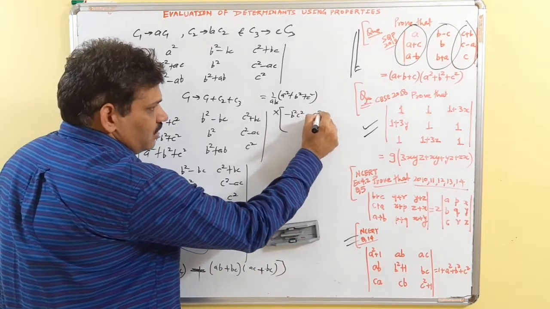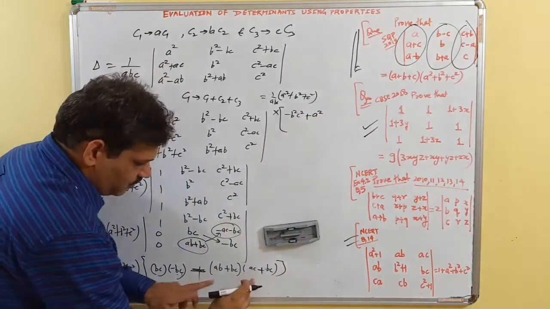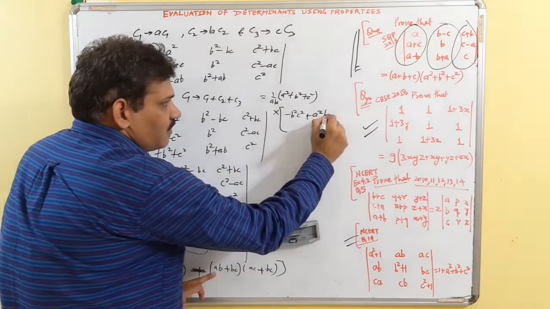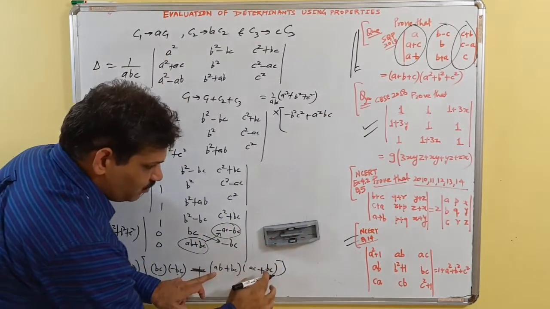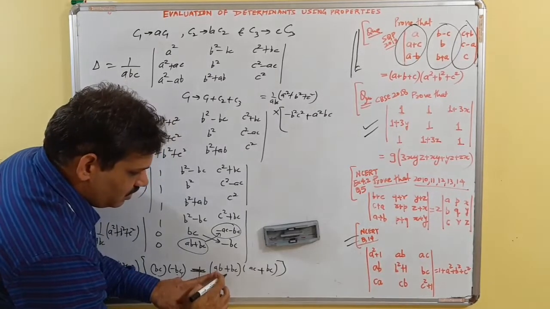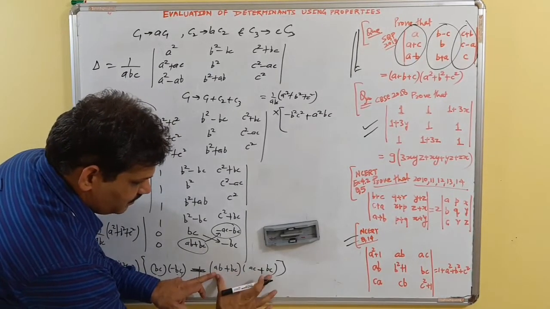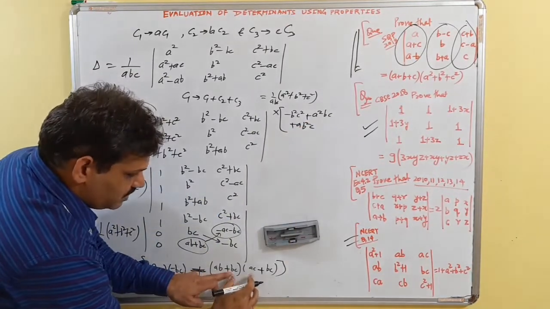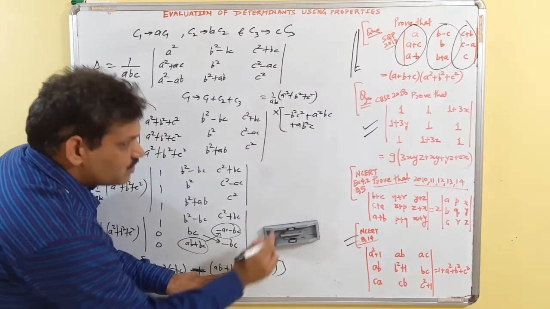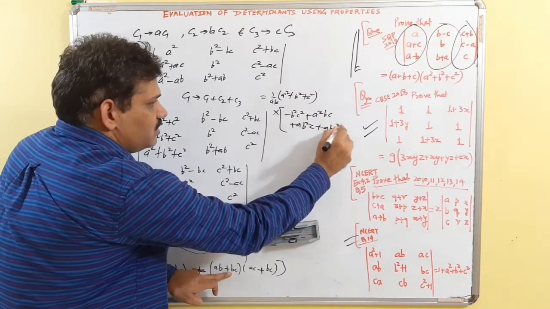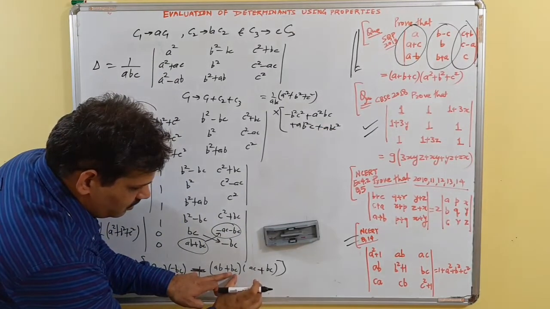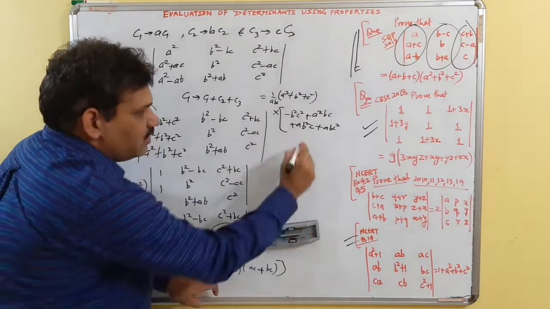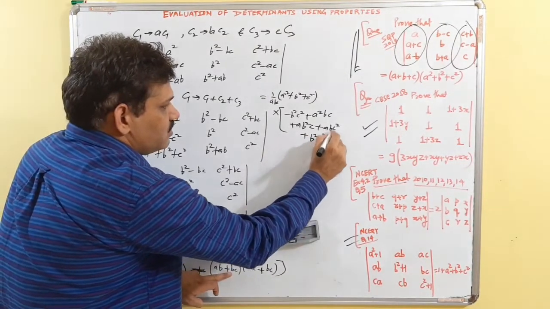AB into AC is A square BC. AB into BC will give simply AB square C, plus AB square C. Now BC into AC will give ABC square. And finally this BC into BC will give us plus B square C square.